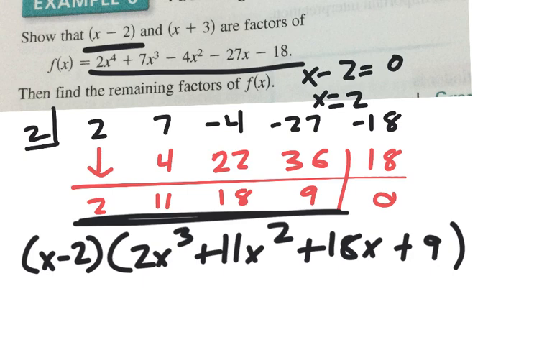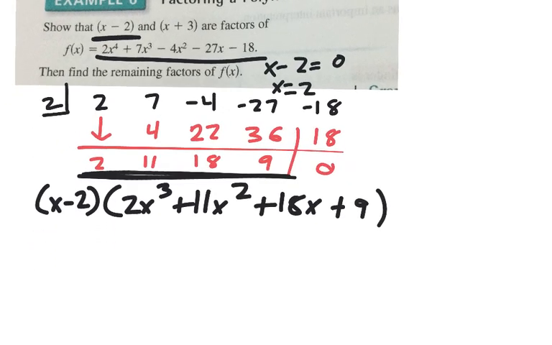I've already found one factor. Now I'm going to take this depressed polynomial and prove that this is also a factor of the depressed polynomial, which means it was also a factor of the original polynomial. So I'm taking x plus 3, setting that equal to 0. That means I'm finding there should be an x-intercept at negative 3.